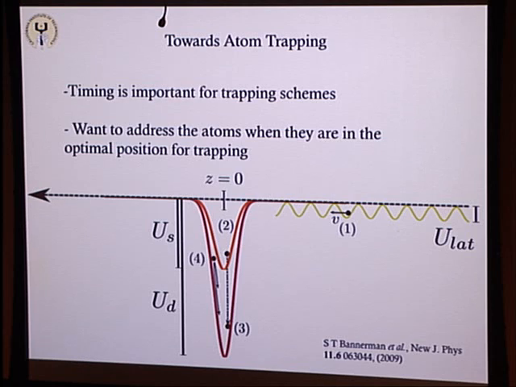Of course, the time scales are really quite fast, so there's not enough time to enact any kind of Doppler cooling scheme or polarization gradient cooling scheme to cool them down while they're rolling in this trap. So for the experts in the audience, what you would do is send this lattice in, and the atoms would be in one of their ground state manifolds.